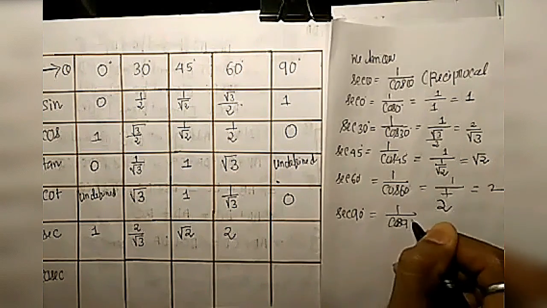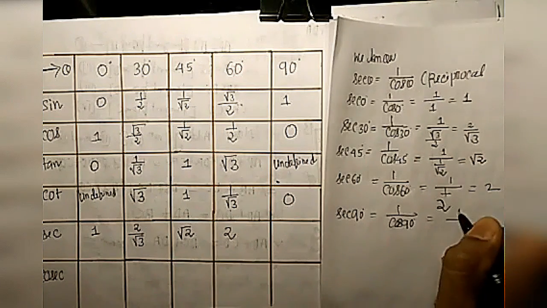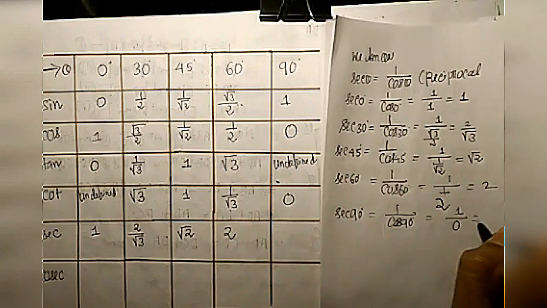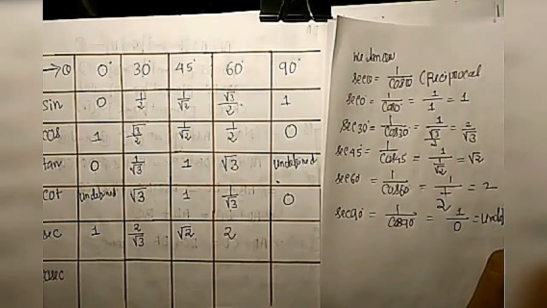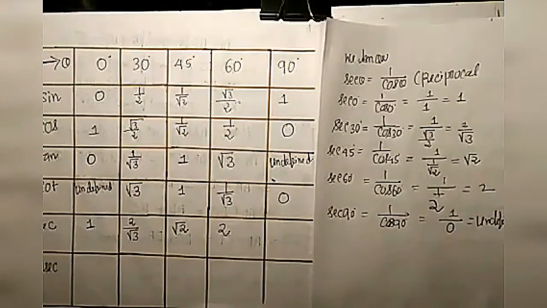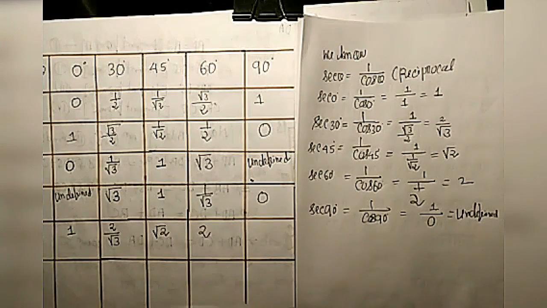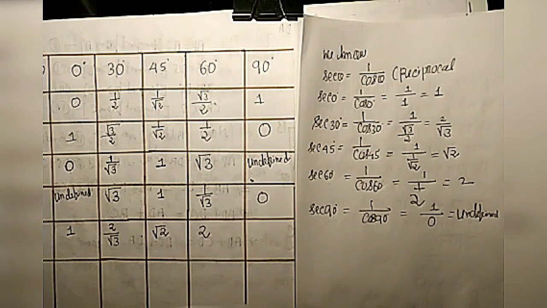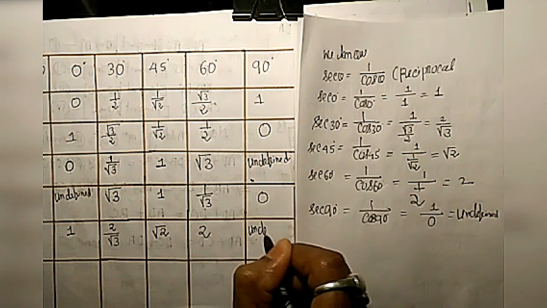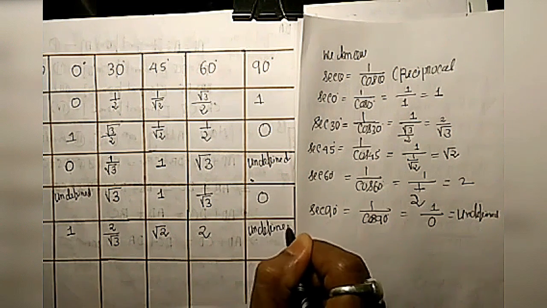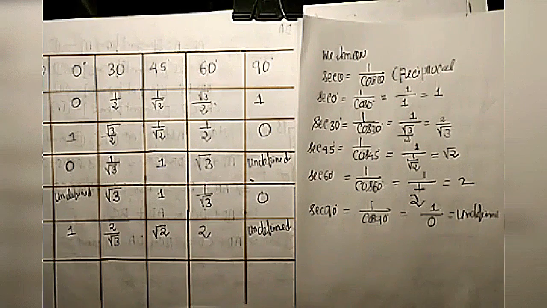So 1 by cos 90 degree. So 1 by 0, as cos 90 is 0. So 1 by 0 means undefined. So sec 90 degree is equal to undefined.